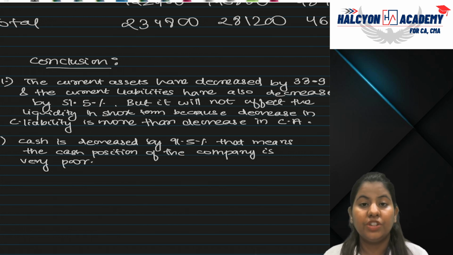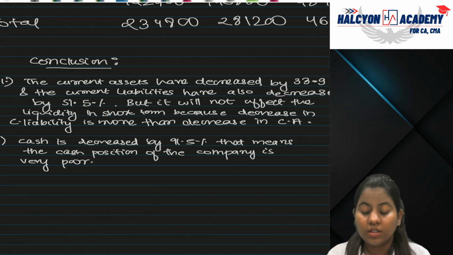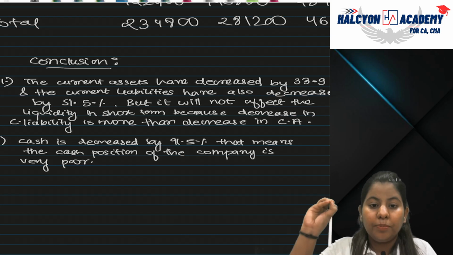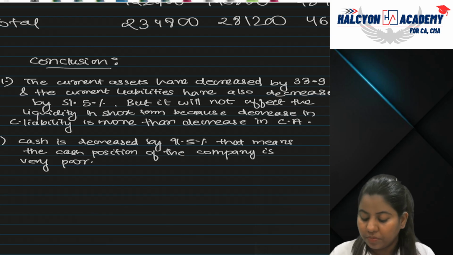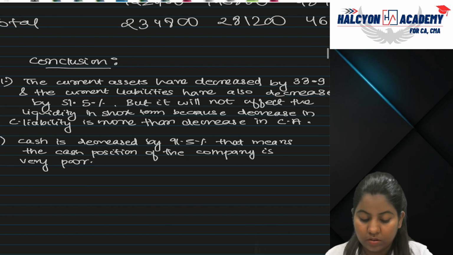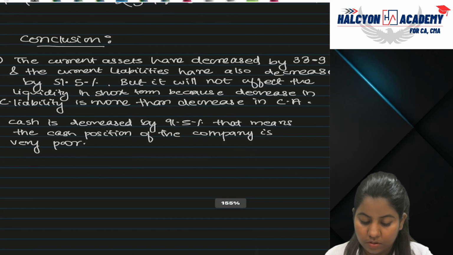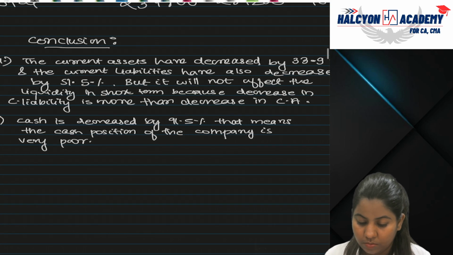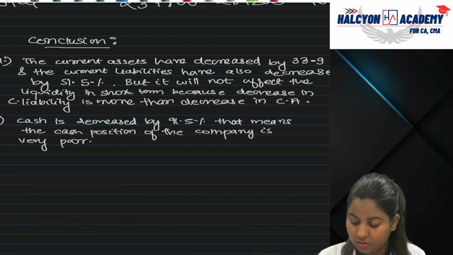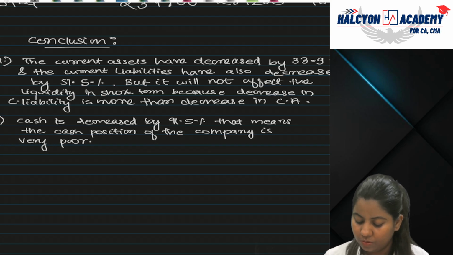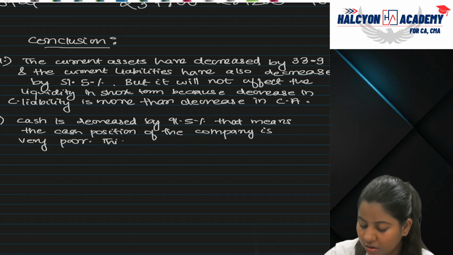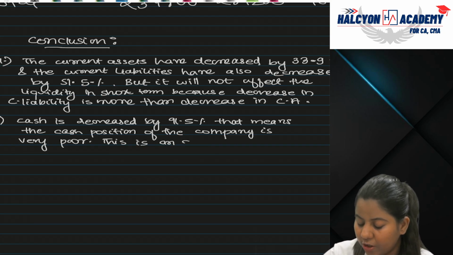Now the cash position in the current year is very poor because it has decreased by 91.5%. This is an adverse position for the company.